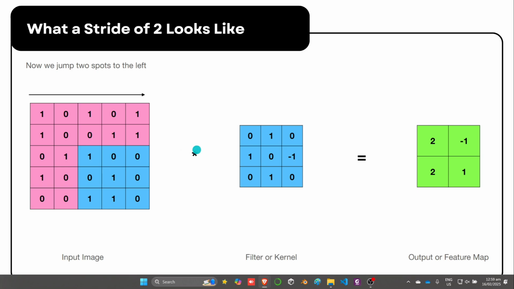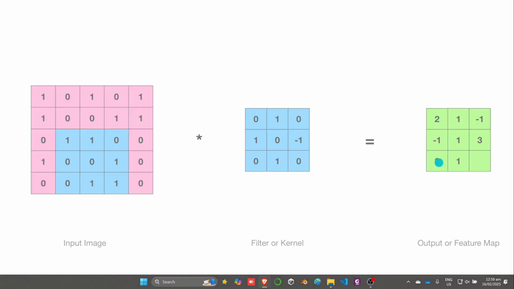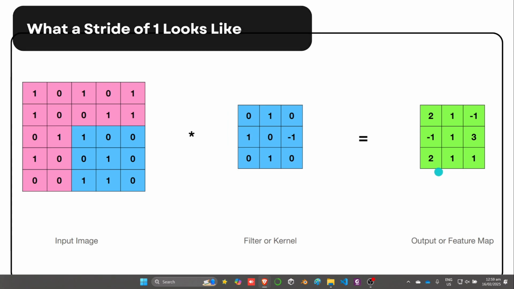So what does that mean? If you were paying attention, you may have noticed that the feature map, or the output size, has gotten smaller. It's now 2 by 2, when previously, in the example here, it's 3 by 3 using a step size of 1.